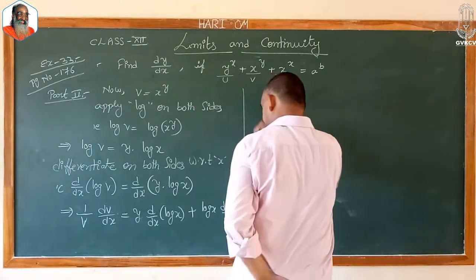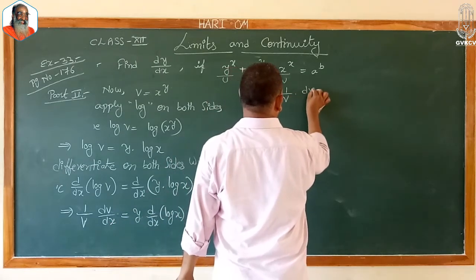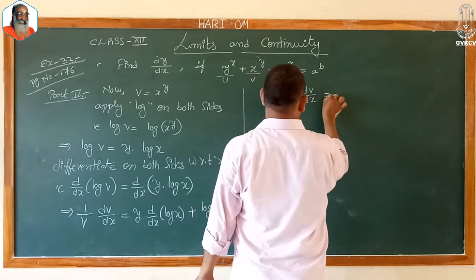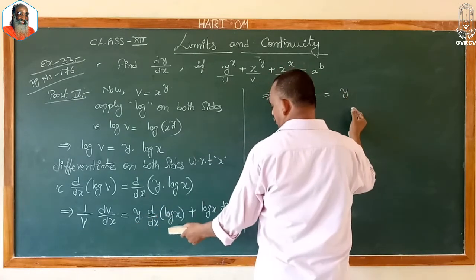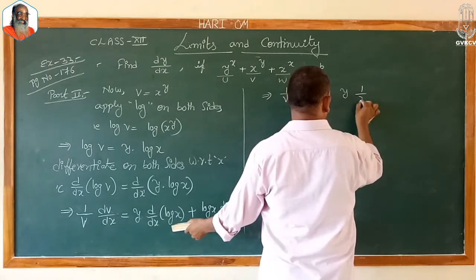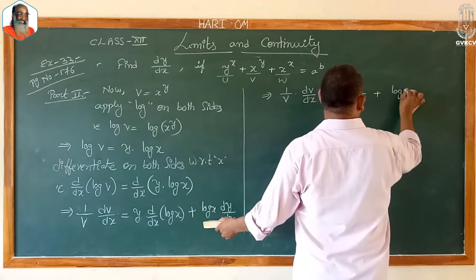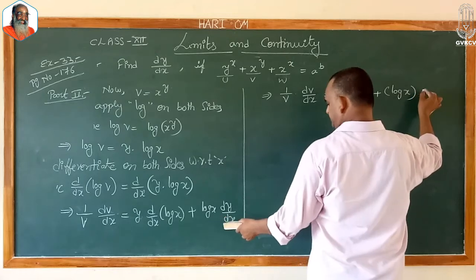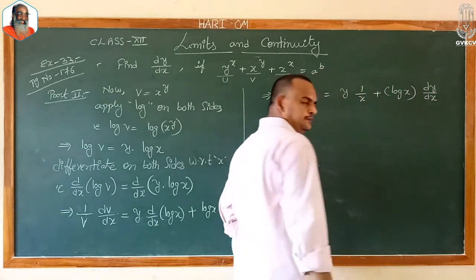That implies what we have? 1 by v into dv by dx is equal to y into log x. Derivation is nothing but 1 by x plus log x into dy by dx.